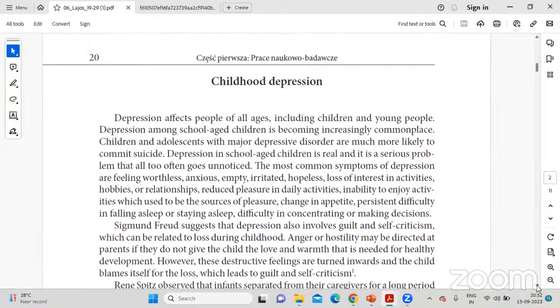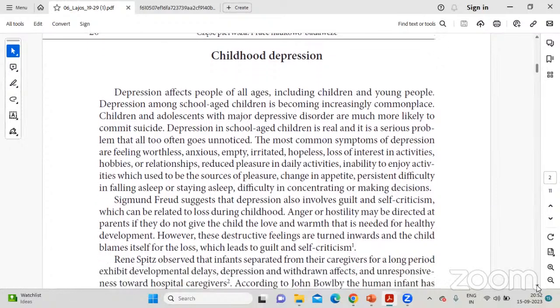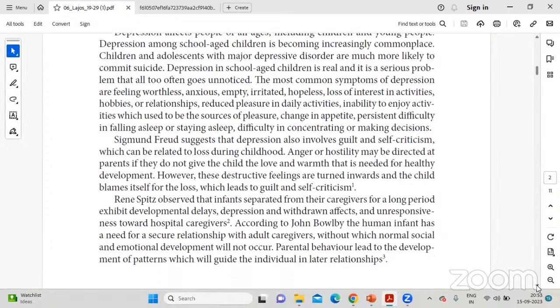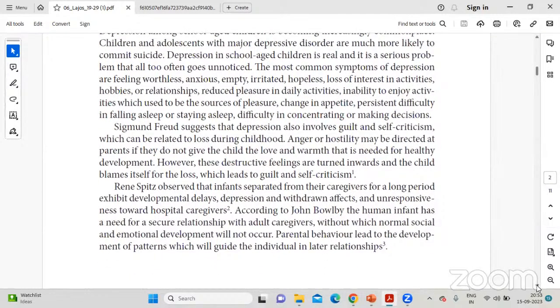That's the background that they are creating: how childhood depression develops, and what can be the underlying factors. These were the background study which they presented for giving the readers a clear understanding of how childhood depression works.